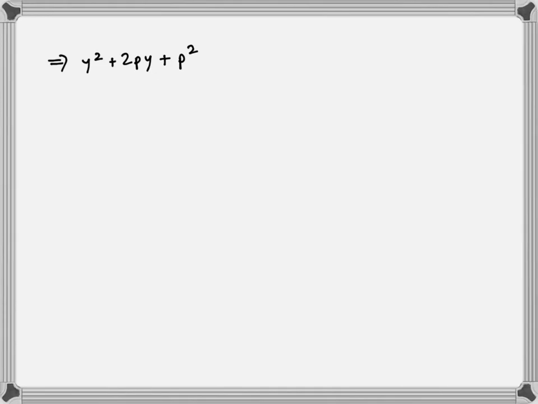And that's going to equal, on the other side, x squared plus y squared minus 2py plus p squared. Oh, sorry, that last part should be a p squared. Let's go ahead and cancel the stuff that appears on both sides. We can cancel a y squared from both sides, and we can also cancel a p squared from both sides.